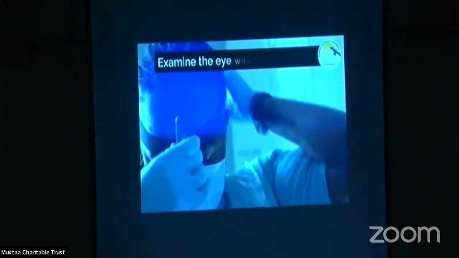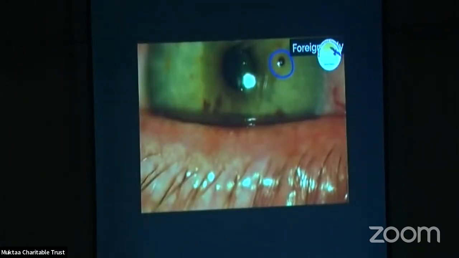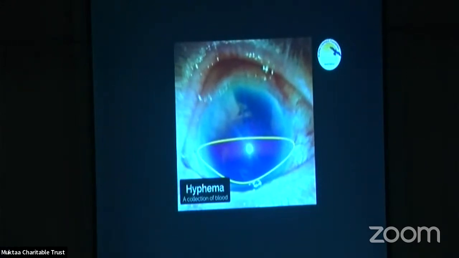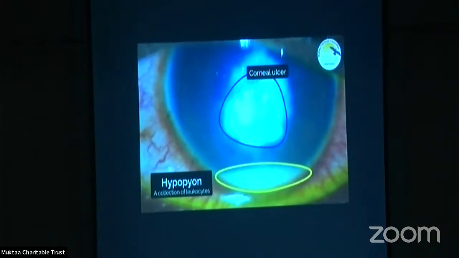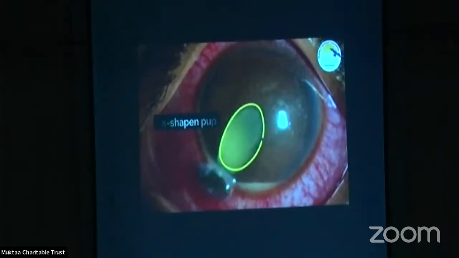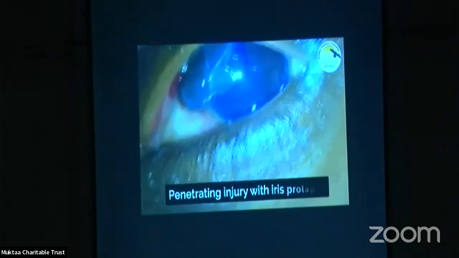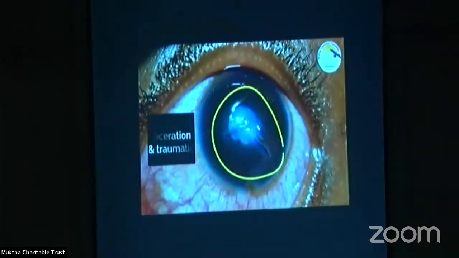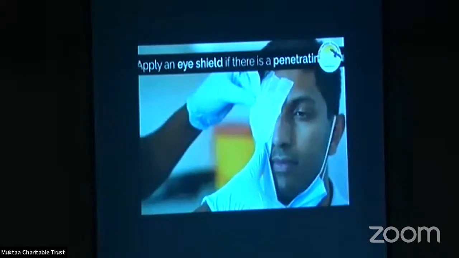Now examine the position of the foreign body, looking for any signs. If it looks superficial, then proceed with the procedure.